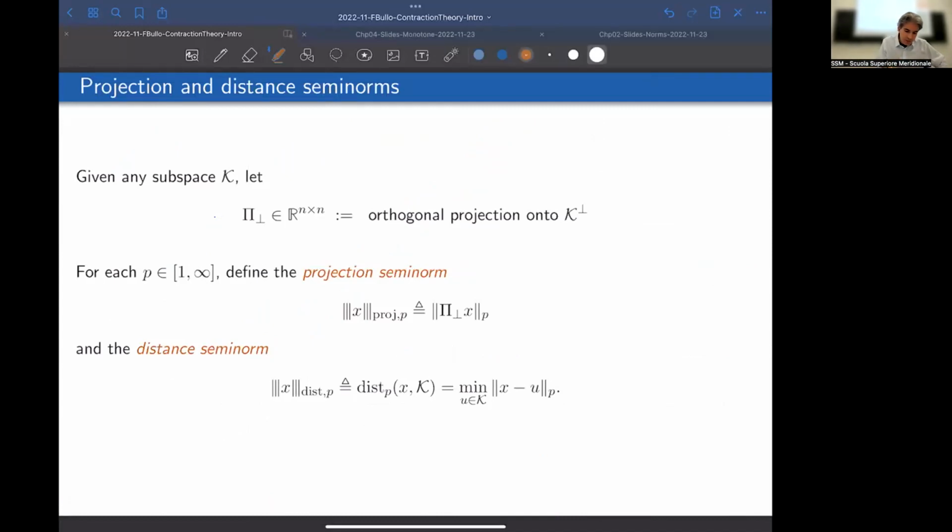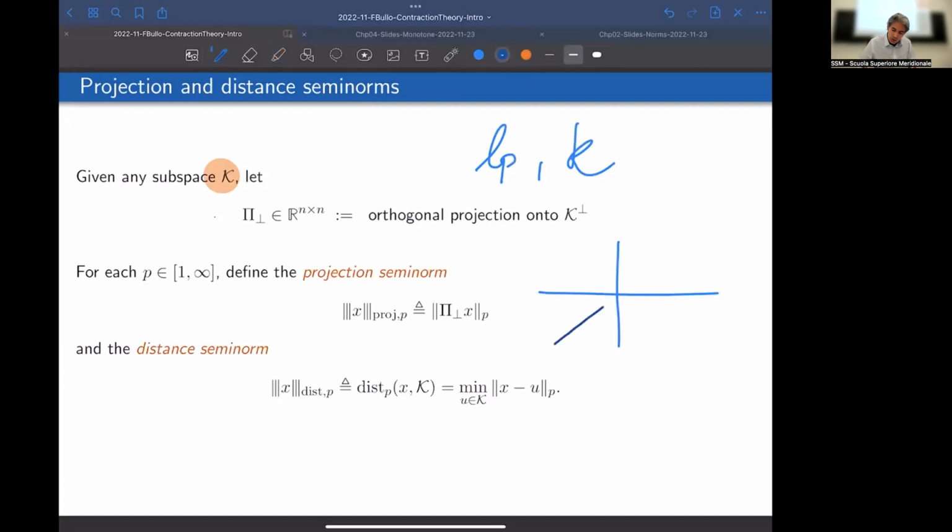If I have a subspace K and I look at the LP norms, and now I give you a kernel K, for example, I want to look at all norms that have a kernel equal to the consensus space.